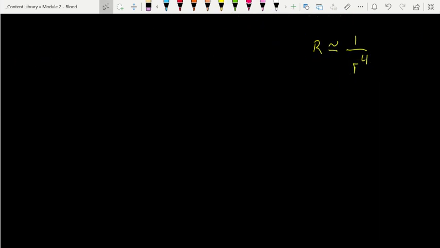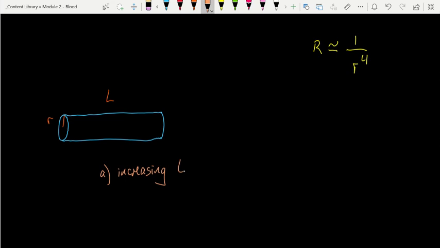We'll keep that equation right there, and let's draw a tube. This tube has length L and radius R. There's a couple of ways that I could increase resistance. Let's consider, for example, increasing the length, increasing L. What would that do? Let's come back to a scenario where we have this tube that's twice as long.